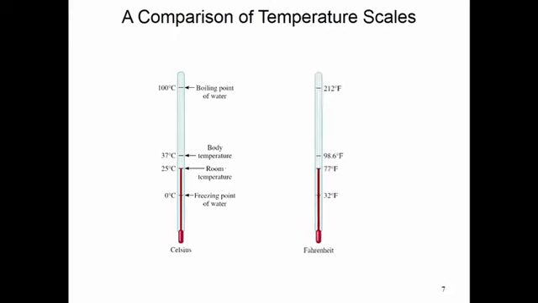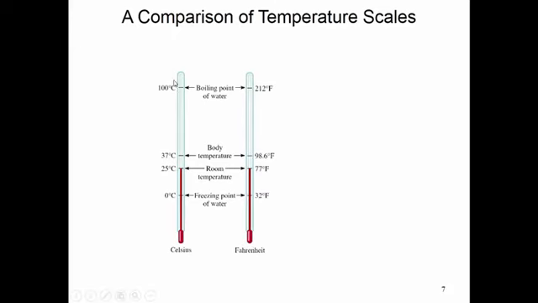So we want to look at a few different temperature scales. So we have the Celsius scale and the Fahrenheit scale. These are the two we might be the most familiar with, and maybe the Fahrenheit is the one that we're the most familiar with. One thing you'll notice between these scales is that they start at a different point and they change at a different rate.